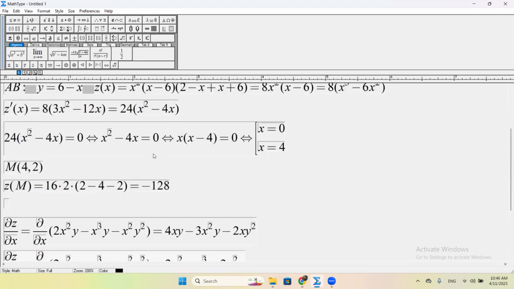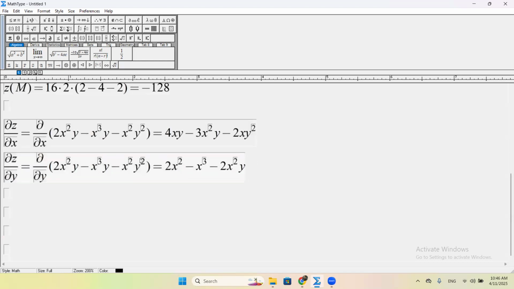Okay, and now let's solve this system of equations. So this equation equals 0, and this equation equals 0 as well.